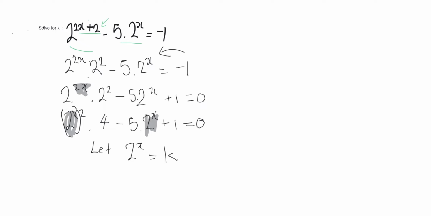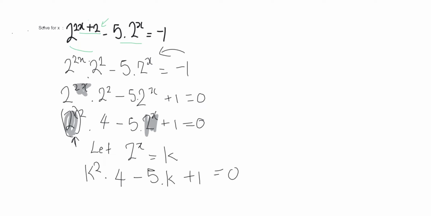So what is this therefore going to be? This is going to be k squared, multiplied by 4. Then you are going to subtract 5k and then plus 1, which is going to give you 0.